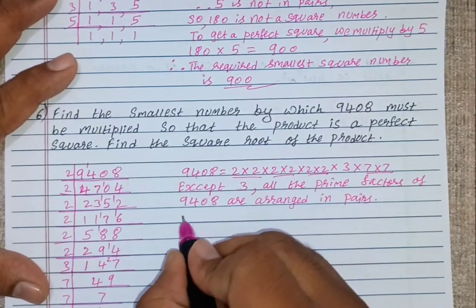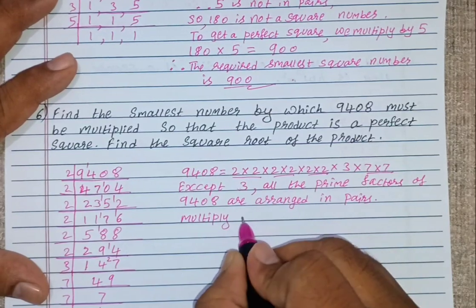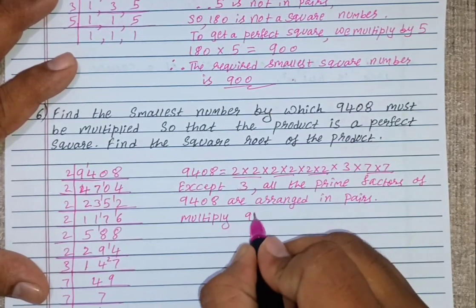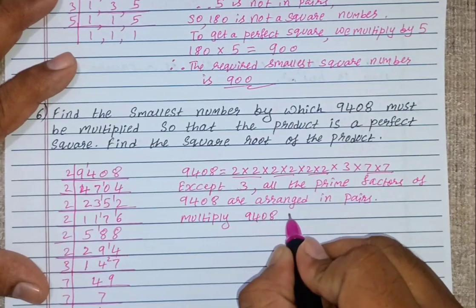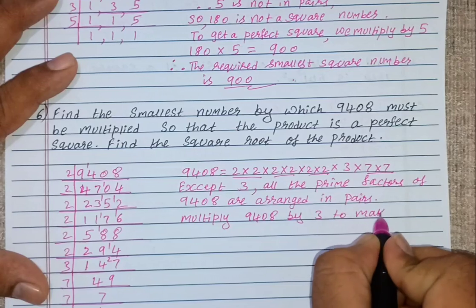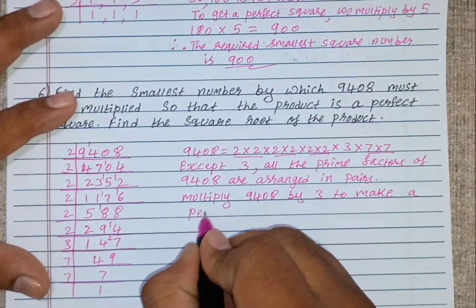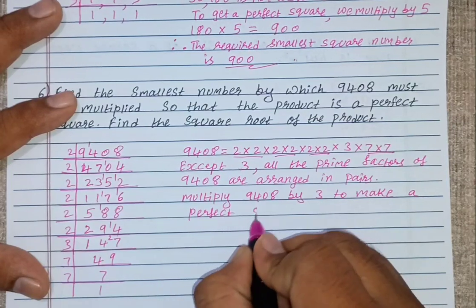Now multiply to get a perfect square: multiply 9408 by 3 to make a perfect square.